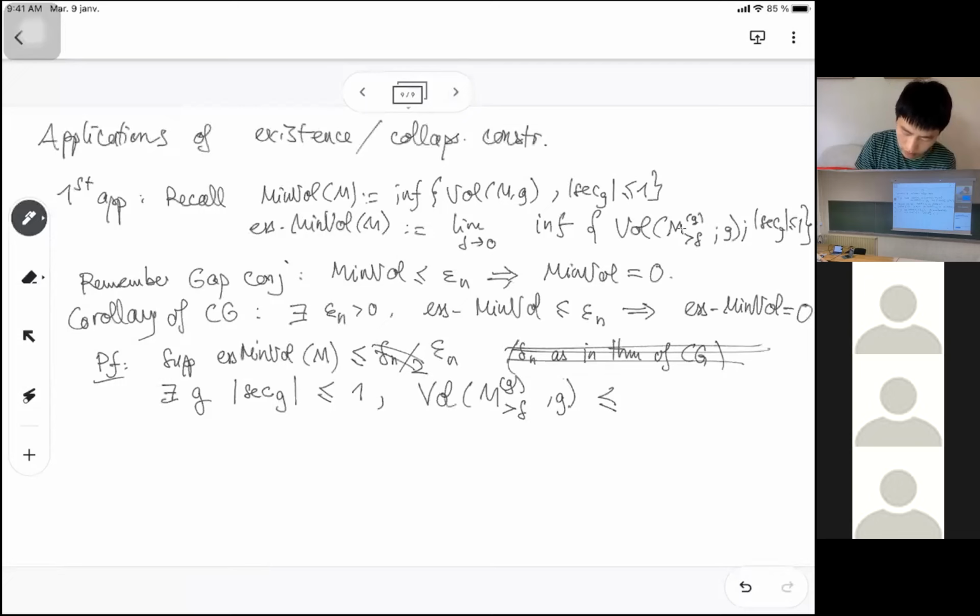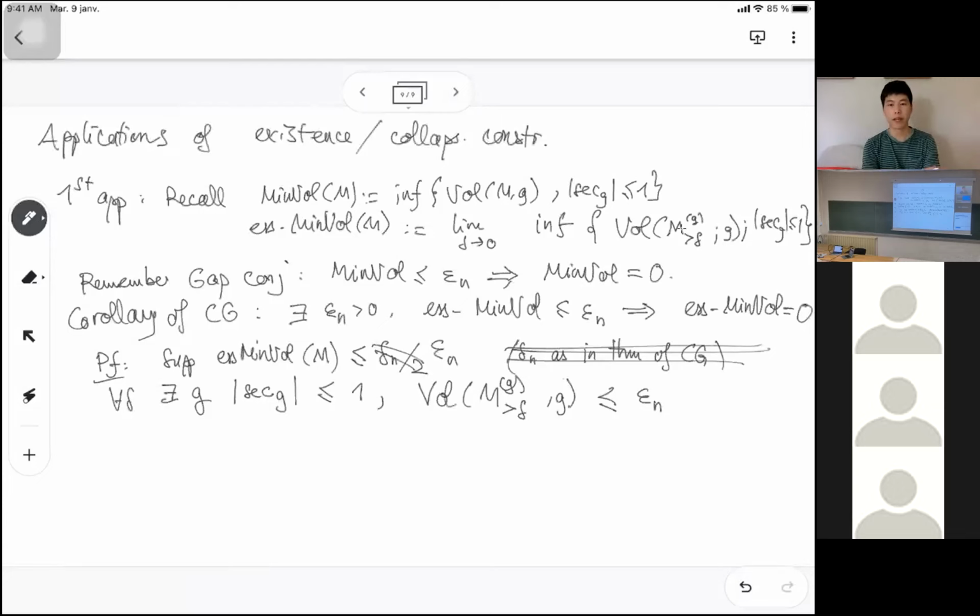I don't know if this is the right constant. So if the essential minimal volume is less than epsilon, then there is a metric with bounded sectional curvature such that for any delta, the delta thick part has volume less than epsilon.